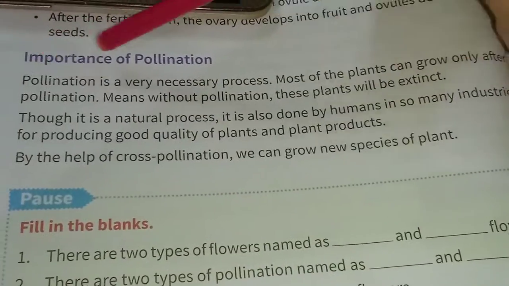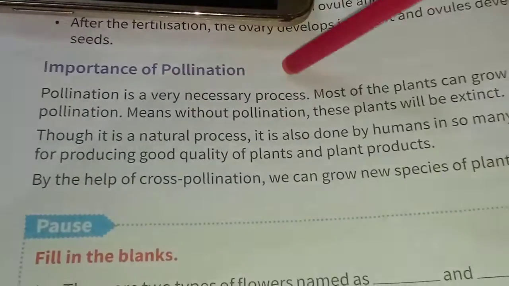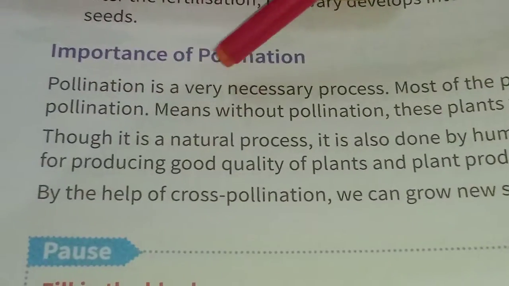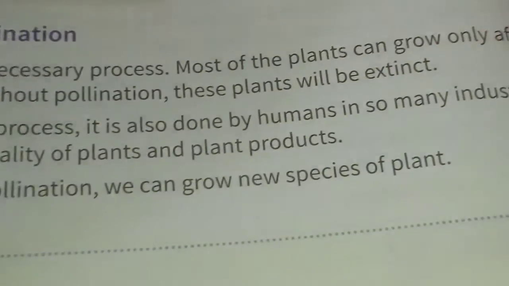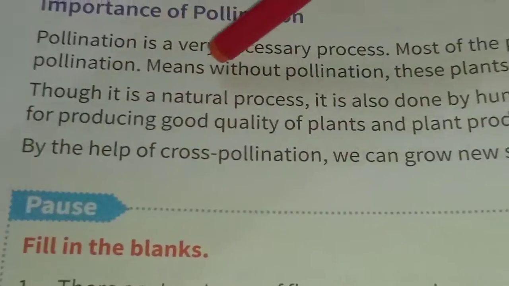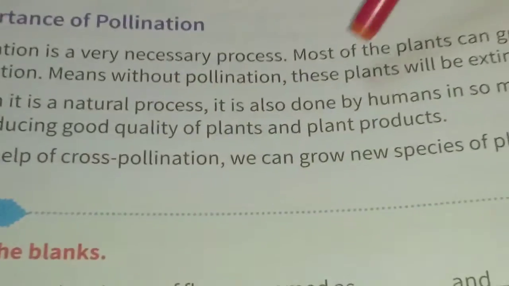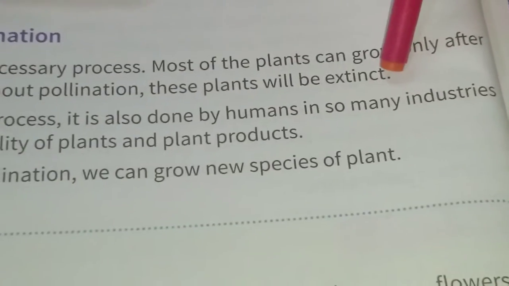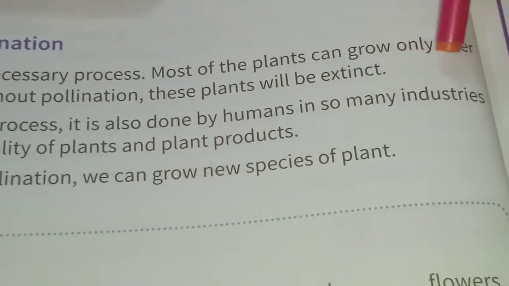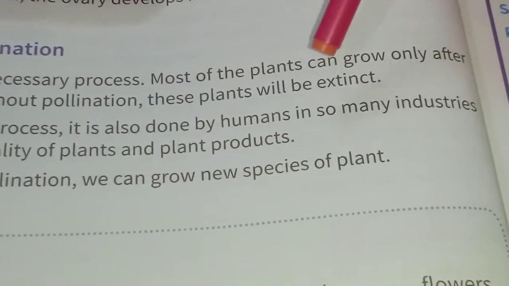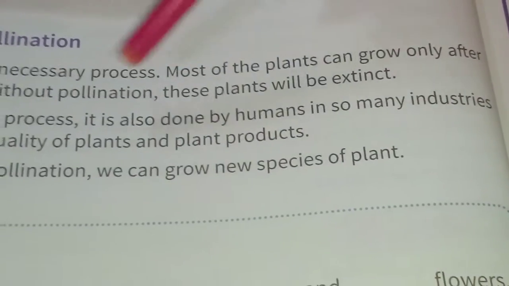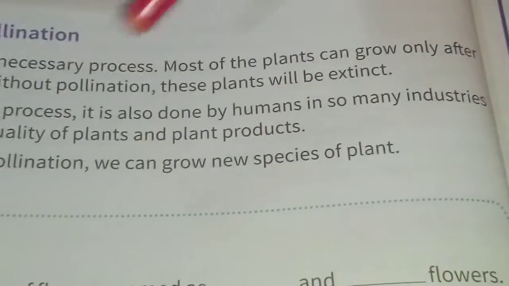Next, the importance of pollination. Why is pollination important? Pollination is a very necessary process. Most plants can grow only after pollination. Without pollination, these plants will be extinct, as reproduction takes place after pollination.